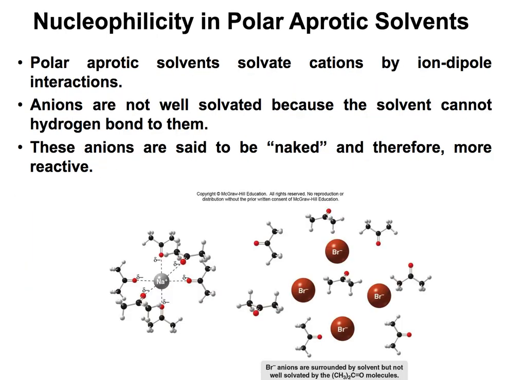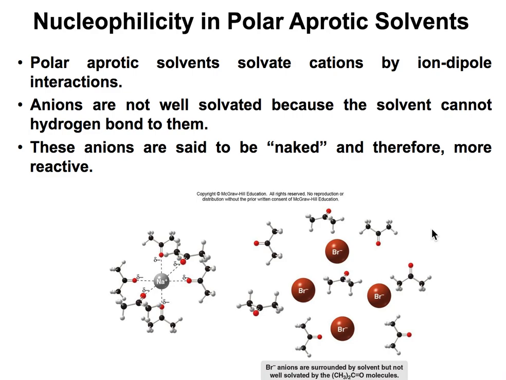In the case of aprotic solvents, that is not a problem. And my nucleophile here, going back to the previous example with the NaBr, because the bromine is not actually interacting with the solvent, it is surrounded, but it's not interacting.